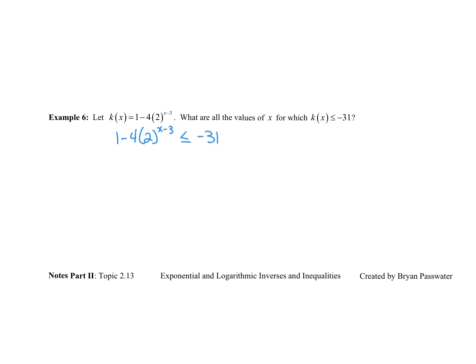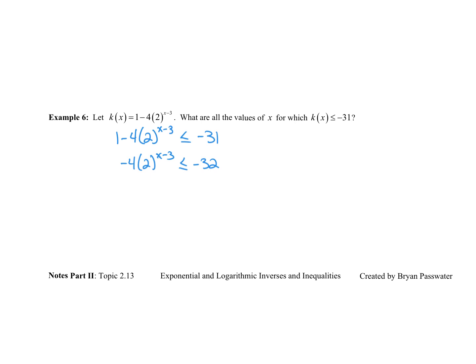All right, so what's my first step? I'm going to subtract 1. So now I'd have negative 4 times 2 to the power of x minus 3 is less than or equal to negative 32.